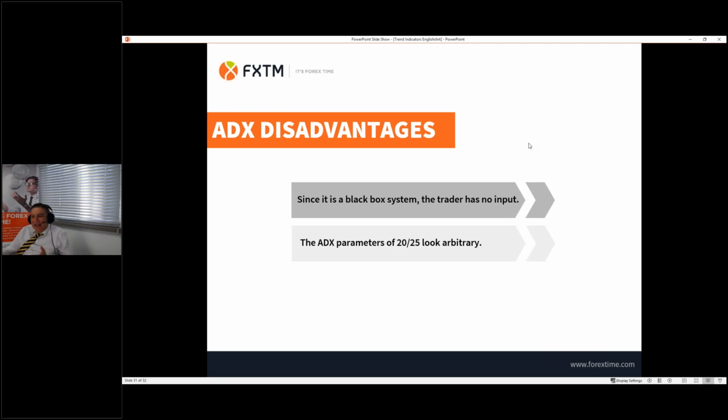It's an advantage and a disadvantage at the same time. And of course, another disadvantage, if you like, is the number of 20 or 25. Wilder suggested the 20 or the 25 baseline. And some people say, why? How did he come up with these numbers, right? So they consider it a disadvantage, if you really think so. All right?